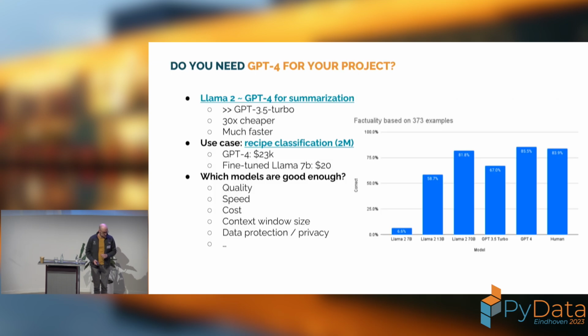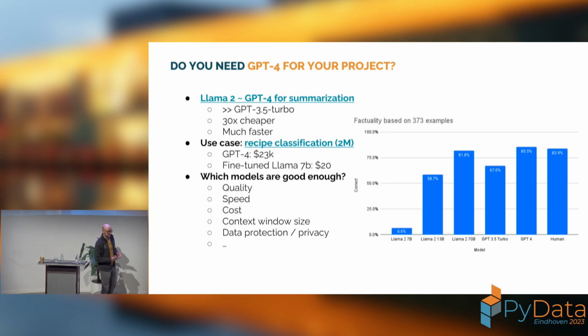All right, cool. So now the question really becomes, when do you need which model, right? And it depends on your use case. I think I mentioned this before in the beginning. So for instance, we figured out, and you can read the blog post about that on the Anyscale blog, that Llama 2 is absolutely sufficient for text summarization. So you don't need GPT-4, right?